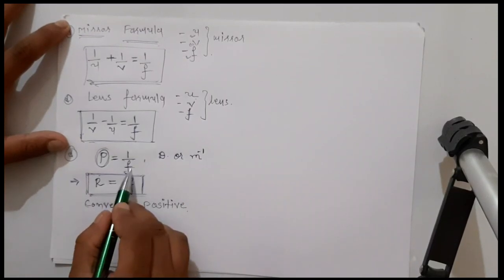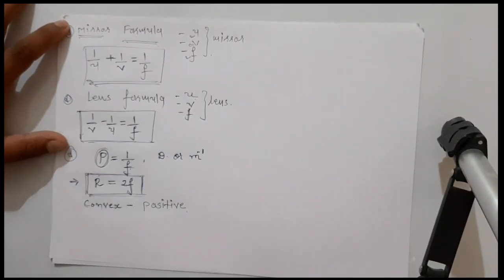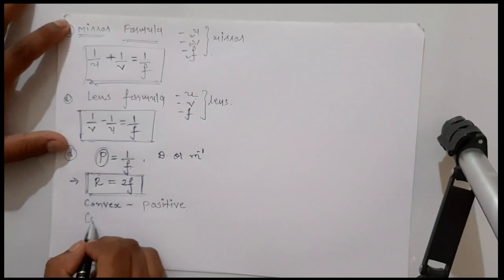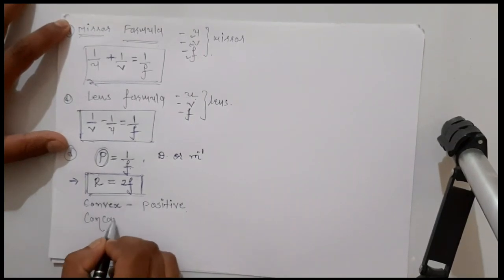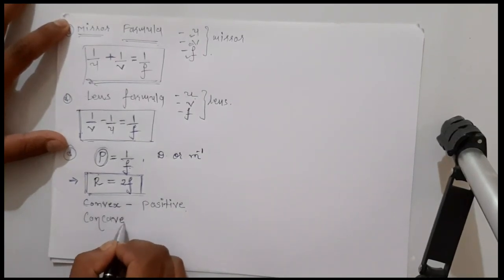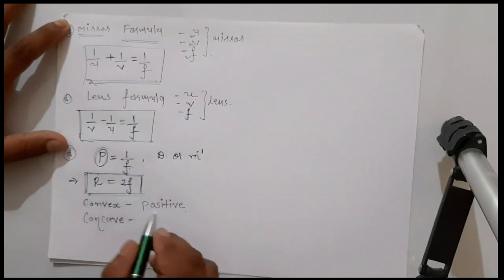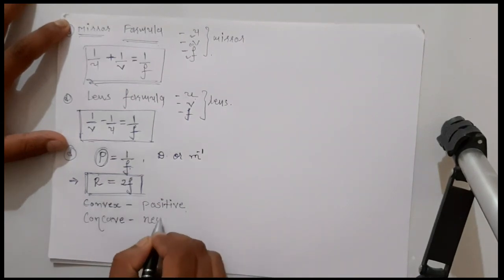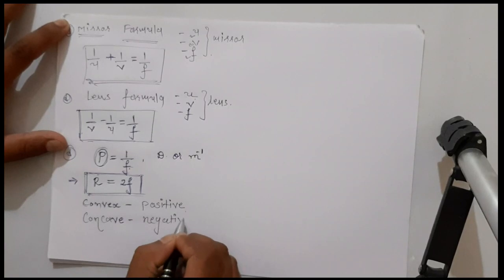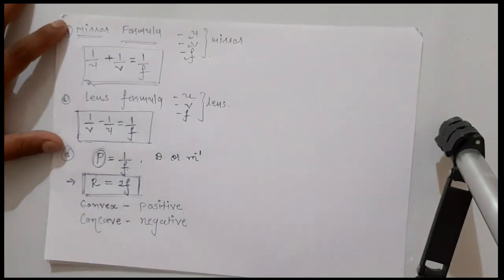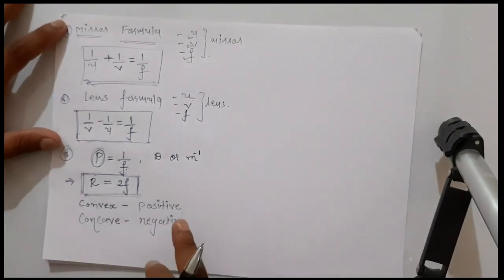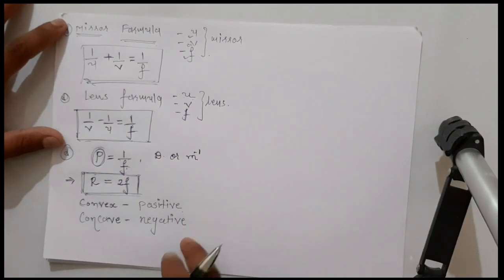Why? Because the focal length is positive for a convex lens. And if we have a concave lens, the focal length will be negative, so here we will get power as negative. You remember how we consider the focal length as positive or negative.